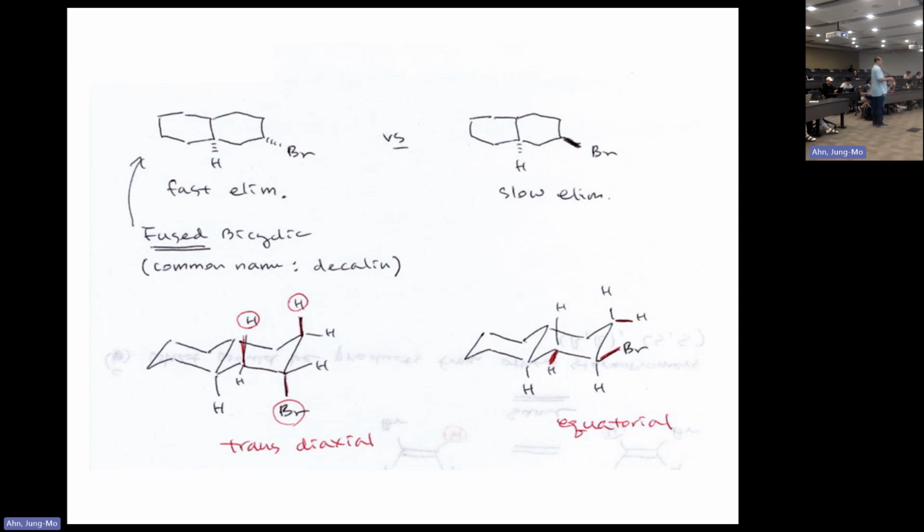But when you make this bromine axial, this whole carbon chain is going to stick up. This whole thing is going to be axial. That's going to create huge steric hindrance, which makes it energetically not easy. So that's the problem. Because of that, this molecule goes through E2 elimination very slowly.